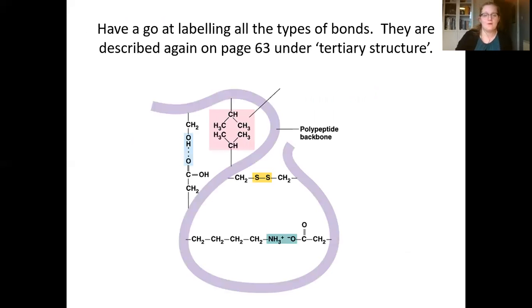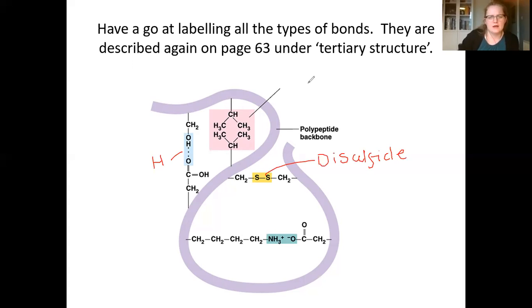Here we go, we've got a picture of them on here, and I'm just going to quickly add on what we've got. So here we have an example of one of those disulfide bridges. Then we have an example of our hydrogen bonding.